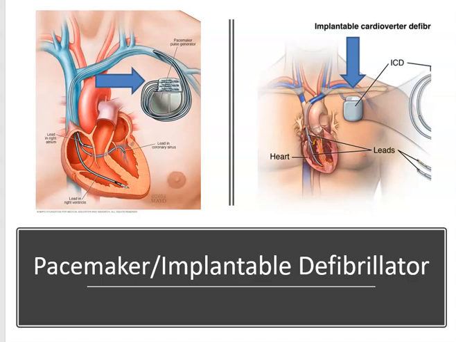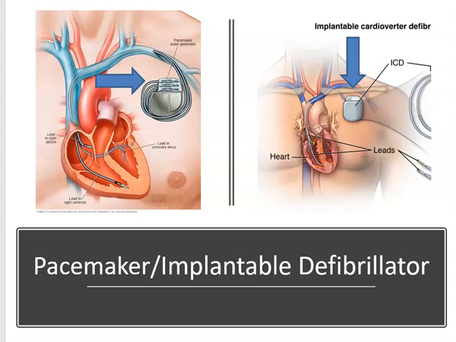Now, the implantable defibrillator also has a pulse generator, and it also has the electrodes, also known as leads, also known as wires. In both of these, the pulse generator is like a battery. For the defibrillator, I think of it like if your car battery dies and you need to jump your car: the defibrillator is essentially jumping the heart.